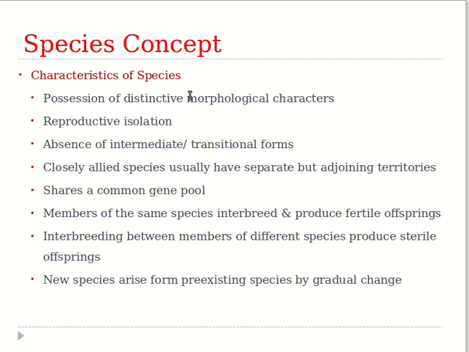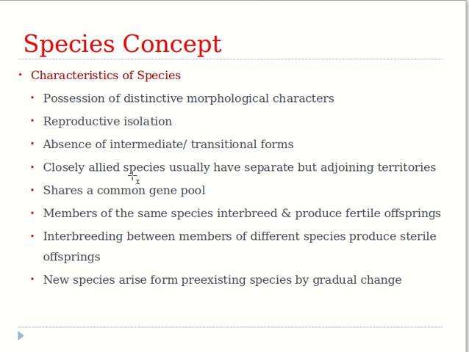Okay, and there is reproductive isolation. A species is reproductively isolated from other such groups of species. Then, absence of intermediate and transitional forms. Already said that there is very little possibility of having a hybrid between two species, so transitional or intermediate forms are absent.